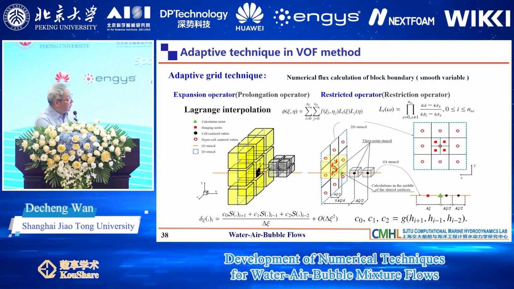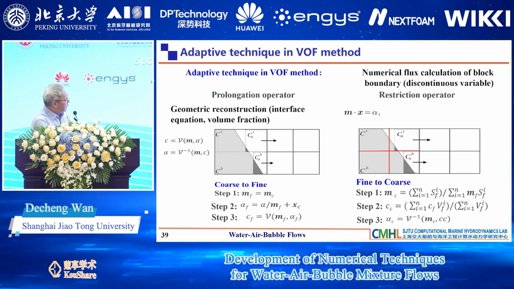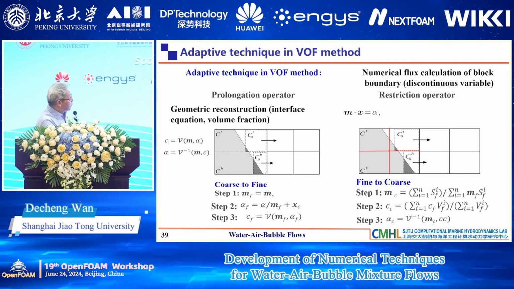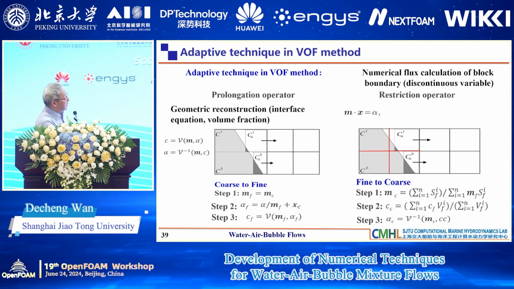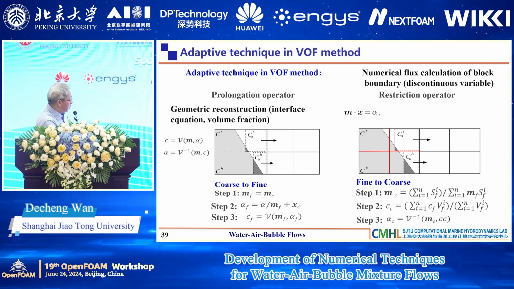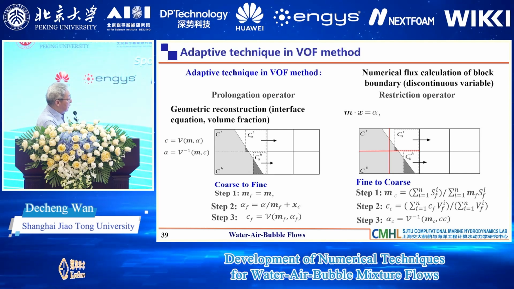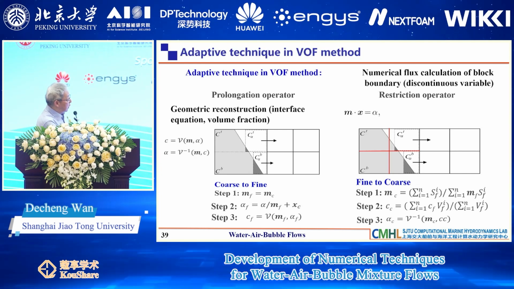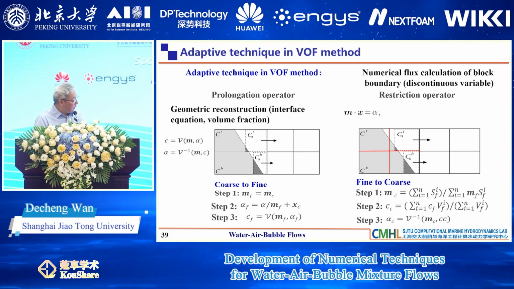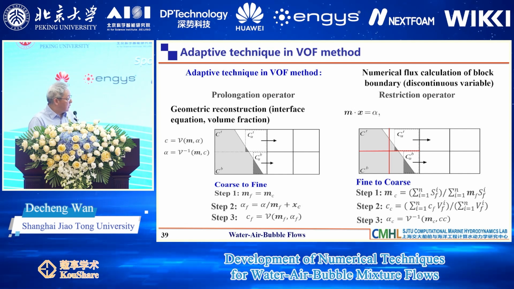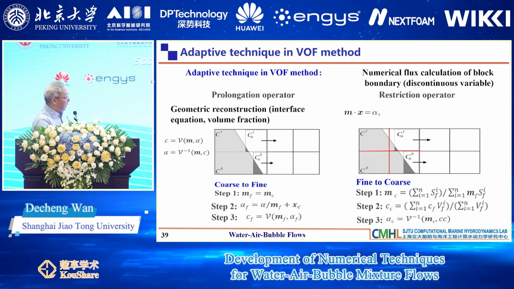So this is for the smooth variables. If the variable changes quickly, that is, the discontinuous variables, we use the prolongation operator and the restriction operator to find the coarse grid. So we can avoid the unstable phenomena.